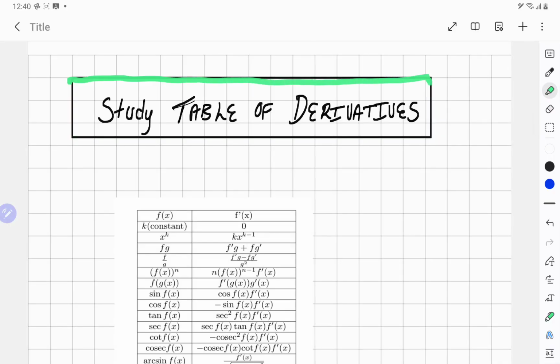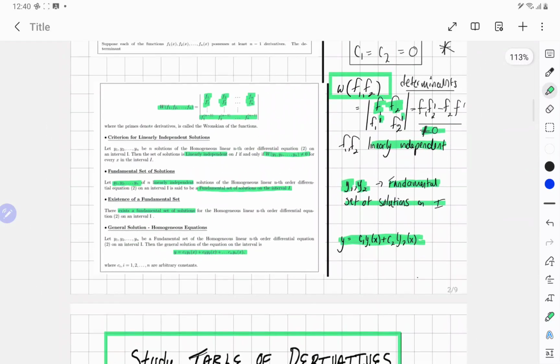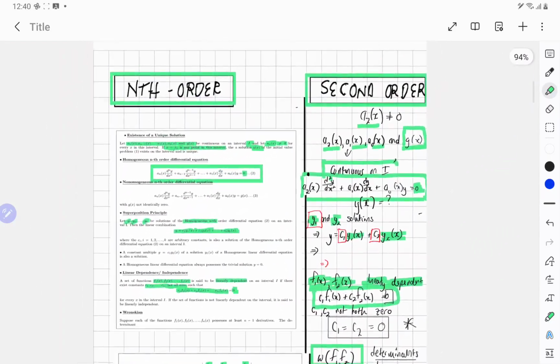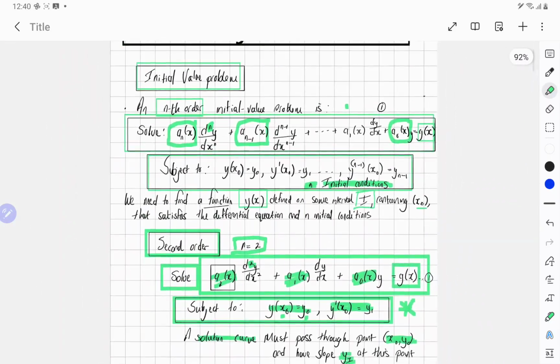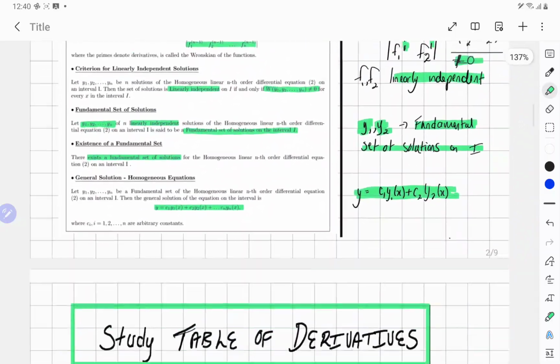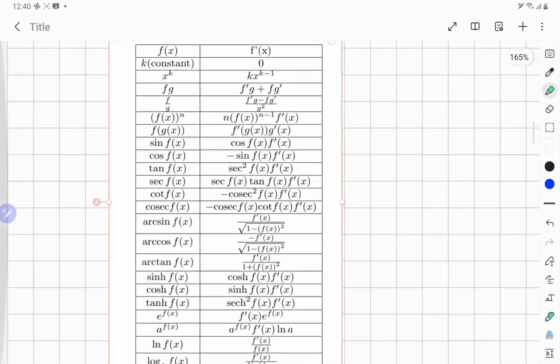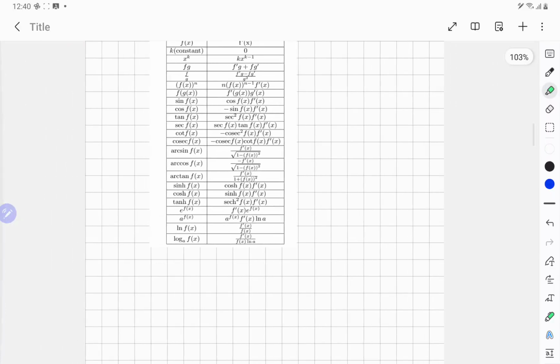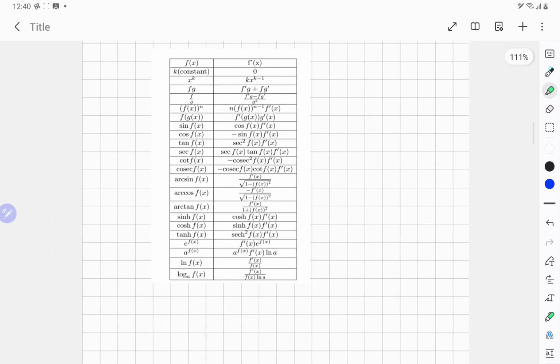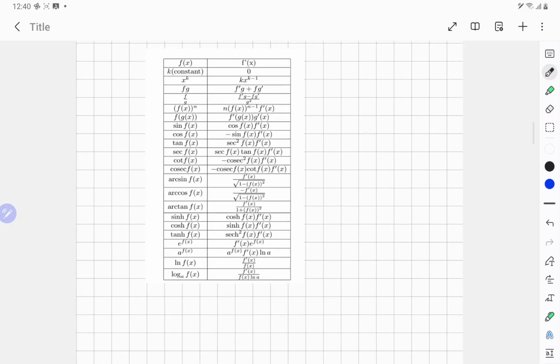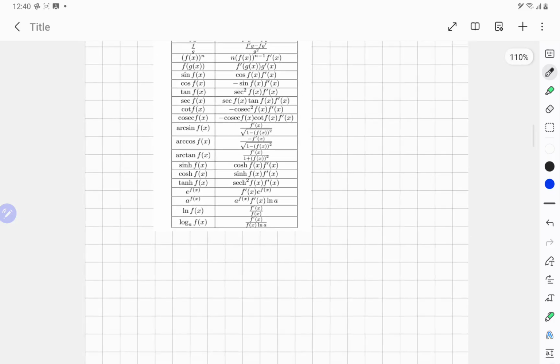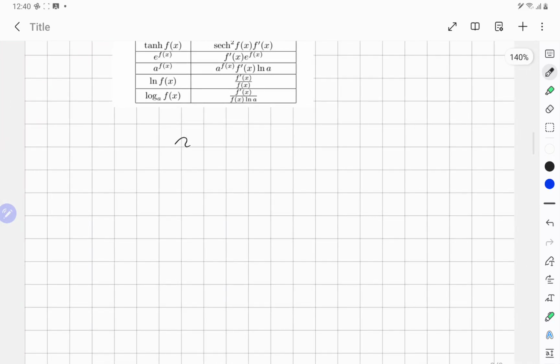Therefore, your derivatives are extremely important, and I advise you, before you start doing examples, to really study the theory that I've given you just now and also your table of derivatives that I'm giving here. You're all second years or third years at this stage. You should know your table of derivatives quite well.